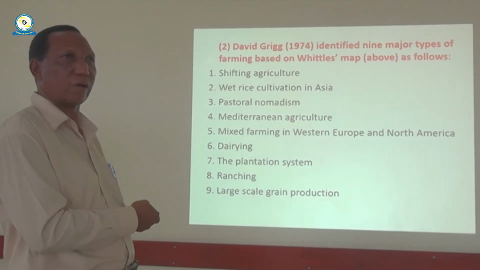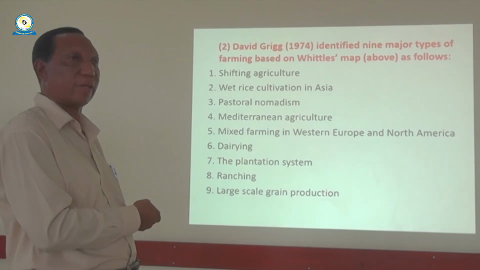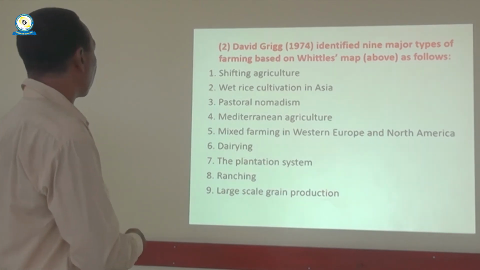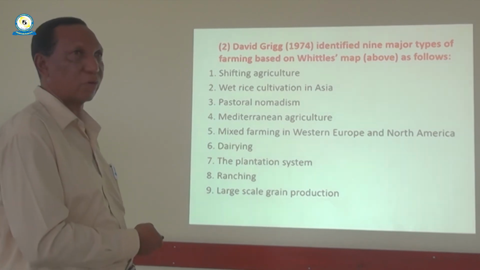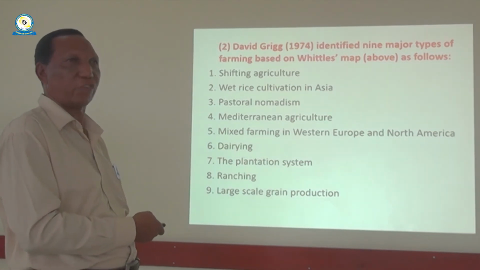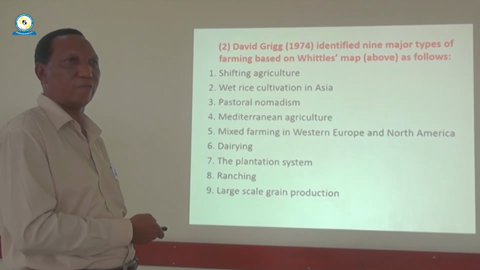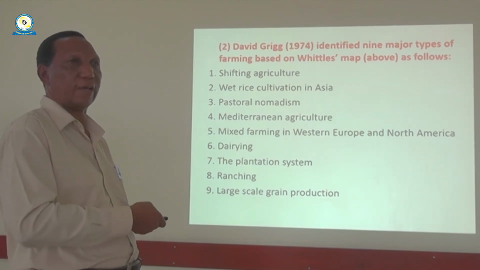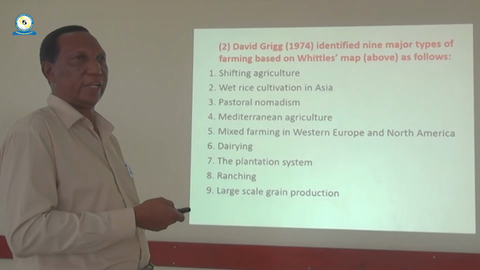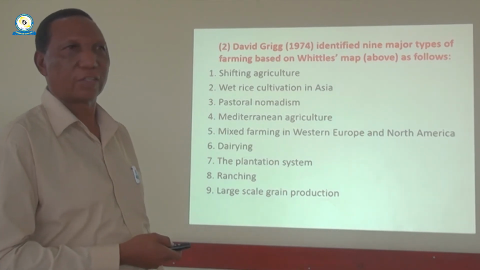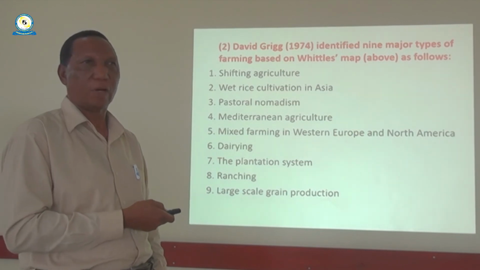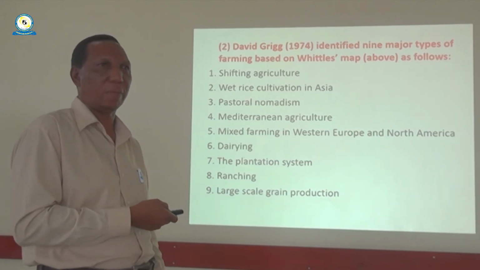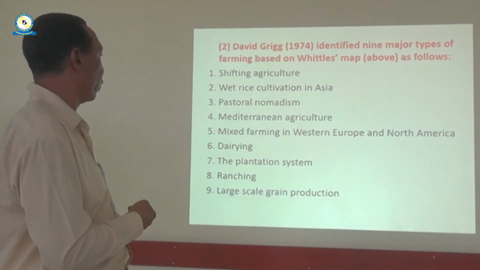So there's a lot remaining to be done in order to come up with a consensus, which is very difficult because given the variation of physical environment, variation of technology and so on, it's not easy to come up with a conventional type of major agricultural regions.